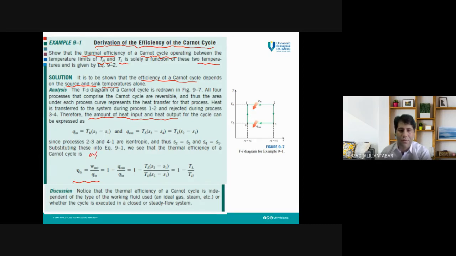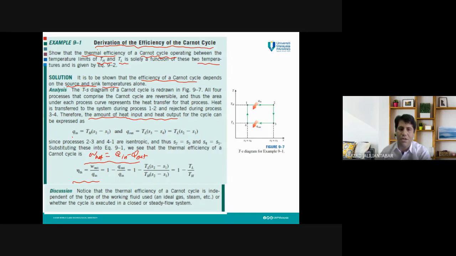W net is also equal to Q in minus Q out. This is information you need to know. So for this cycle, we are going to calculate the thermal efficiency.